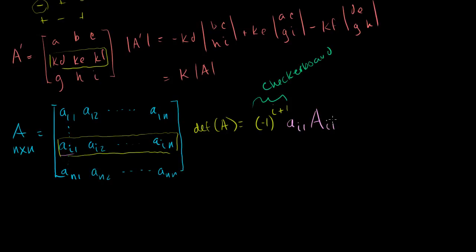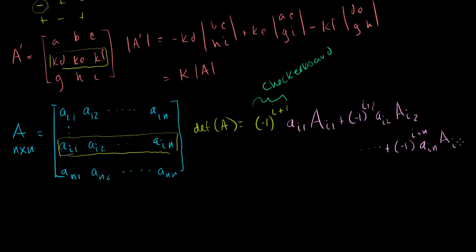And then you're going to keep going, plus -1 to the i plus 2 times Ai2 times its submatrix, i2, all the way, you just keep going, plus -1 to the i plus n times Ain. You're in the nth column, and then its submatrix. This is going to be an n minus 1 by n minus 1 matrix.